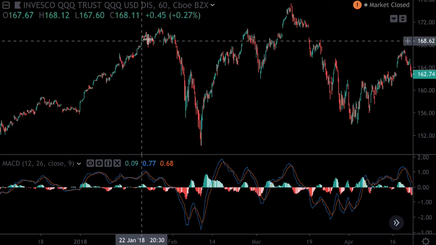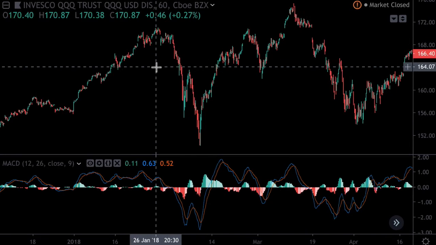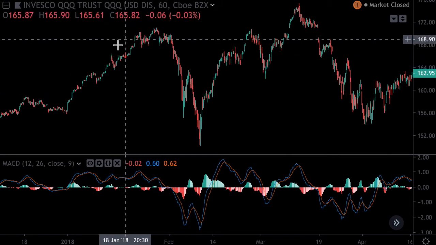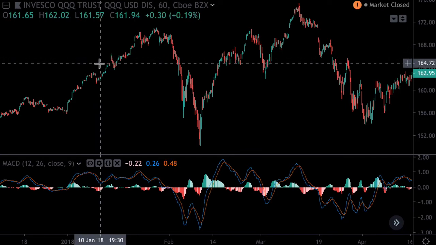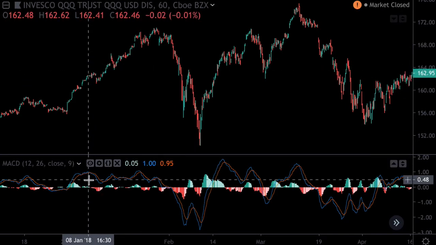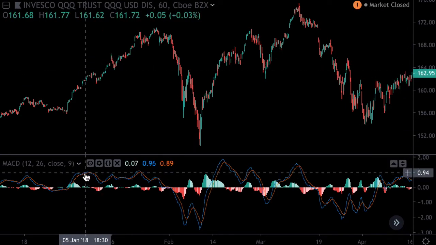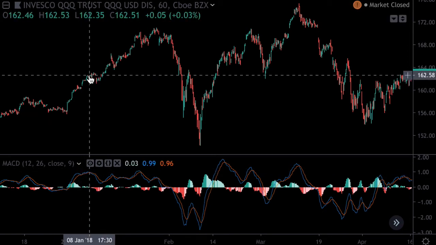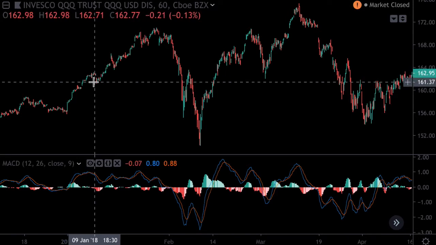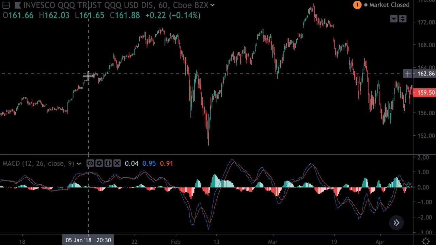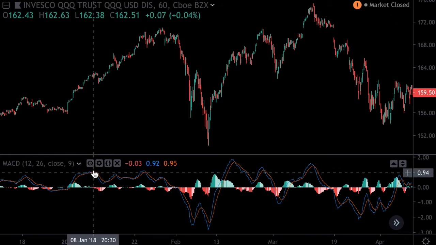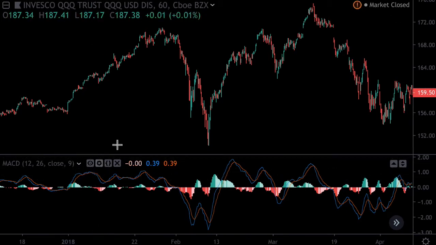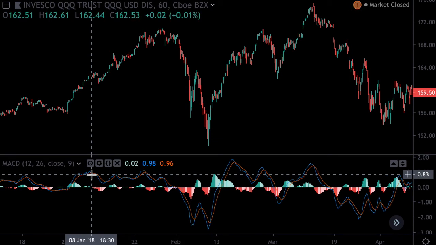On the hourly chart, you get a little bit more whipsaw signals, but as a rule of thumb, when you have a crossover on the MACD, the blue line crosses down on the red one, it is on its own a sell signal, and you can see that did give us a small drop. Alone, it can give you a lot of whipsaw signals, but combined with other strategies that I'm going to give you in a couple minutes, it can be extremely effective.